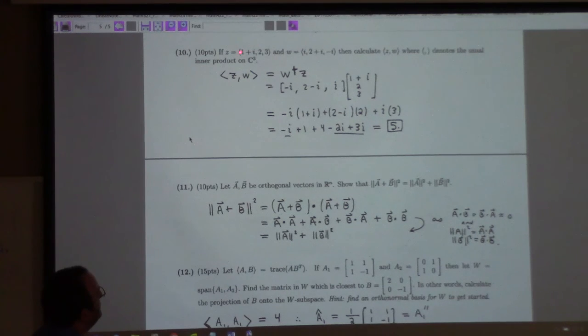Oh, I'm sorry, I'm reading wrong. W. So turn that into a row vector and then conjugate. So I goes to minus I, 2 plus I goes to 2 minus I, minus I goes to I. Complex conjugation, right? And then multiply, and we get 5.